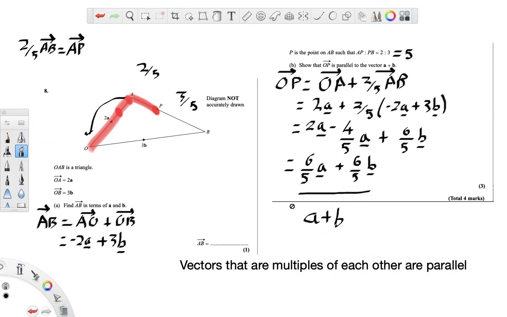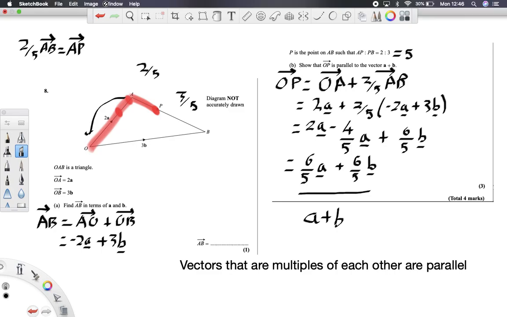Are A plus B and 6/5 of A plus 6/5 of B multiples of each other? Well, yes, they are, because to get from A, we times by 6/5, and to get to B, we times by 6/5.